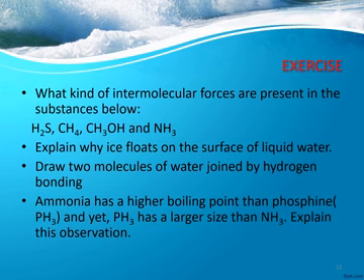The structure of phosphine, the molecular formula of phosphine is this one, and yet phosphine has a larger size than ammonia. Explain this observation. You will try the exercise and we will come back to correct the exercise and answer the questions you will encounter when watching the video.